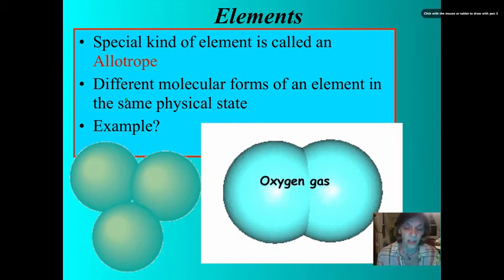One is the oxygen gas that we breathe and need for life, and the other is O3, which is present in our ozone layer and also present in smog as a pollutant down at ground level. These are both naturally occurring and are called allotropes of each other.